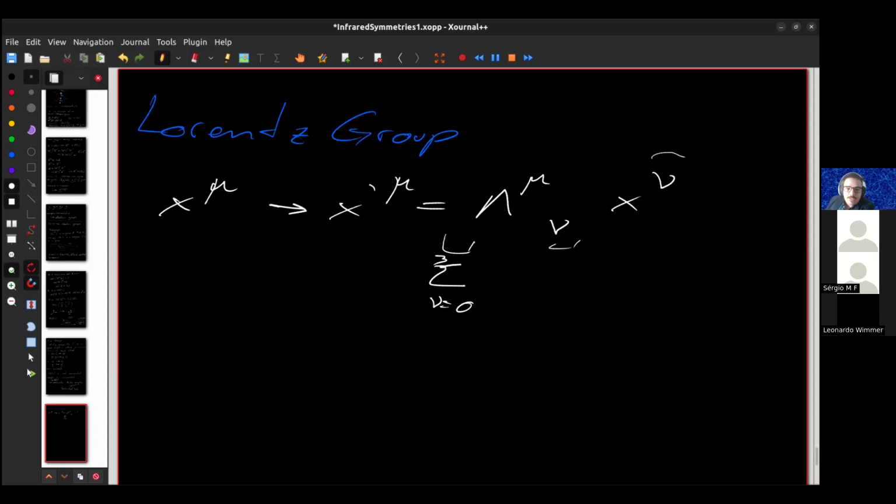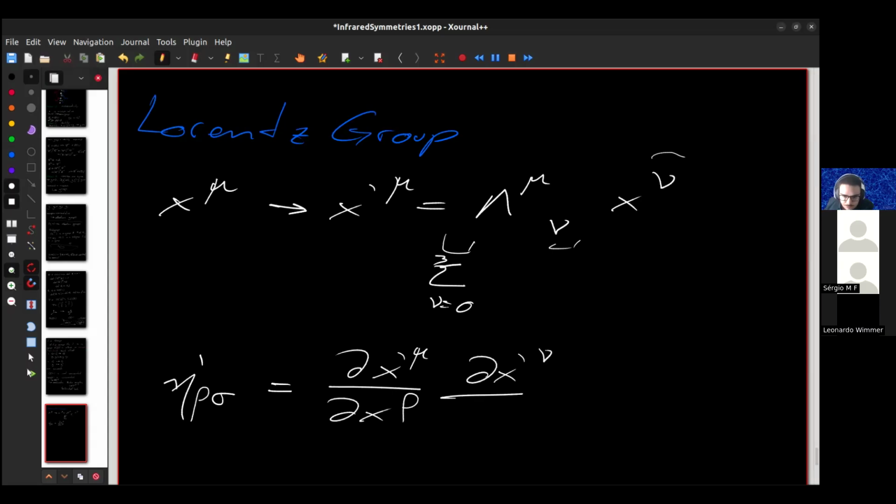And I want to ask something further, which is the following. If I transform the coordinates of the Minkowski metric, I'm going to end up with η'_ρσ, which is going to be given for a general coordinate transformation by this expression here.